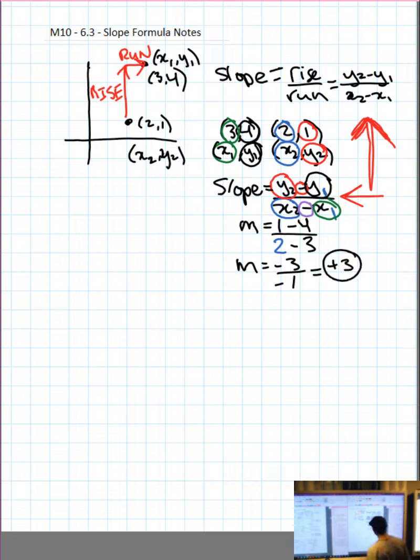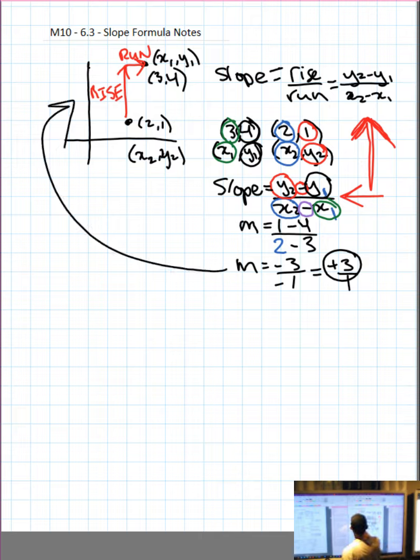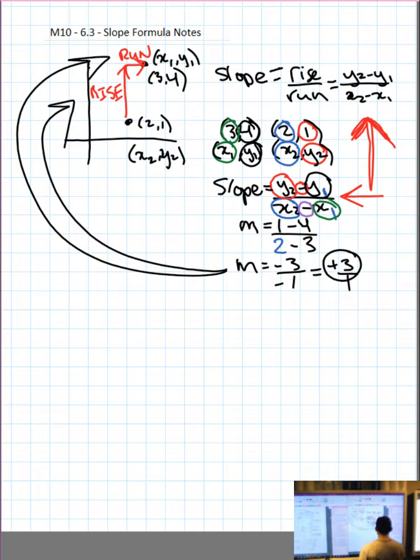Circle your answer. M is equal to 3. Or 3 over 1 if you like. Because that's what we're rising over. That's what we're running. We're rising 3, up 3, over 1. So the slope's 3 over 1. The vertical distance over the horizontal distance.